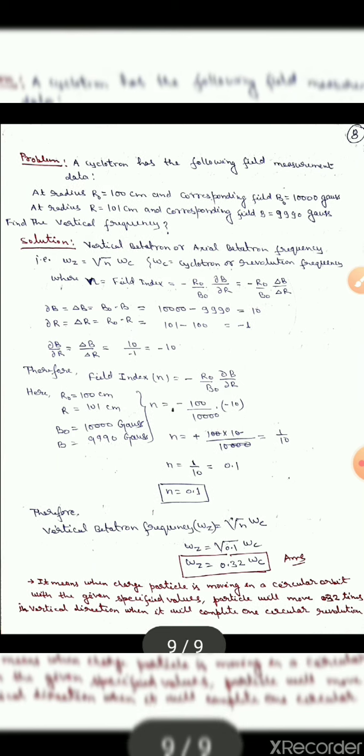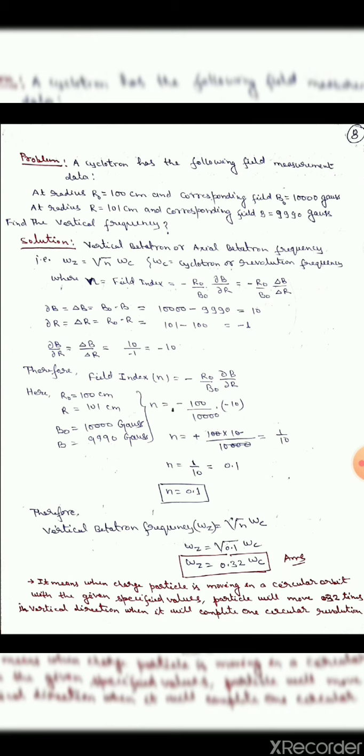So to solve the problem, we know that the vertical or axial Betatron frequency is omega z equal to under root n into omega c, where omega c is the cyclotron frequency or revolution frequency of the charged particle in a circular orbit, and n is the field index equal to minus r0 upon B0 del B upon del r.